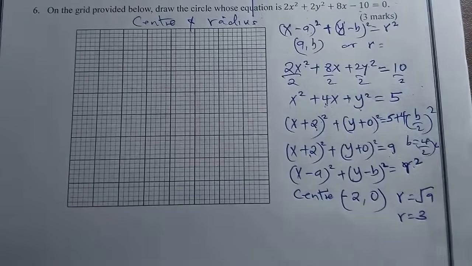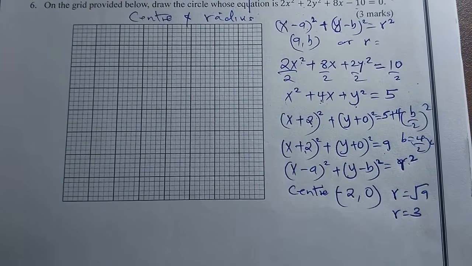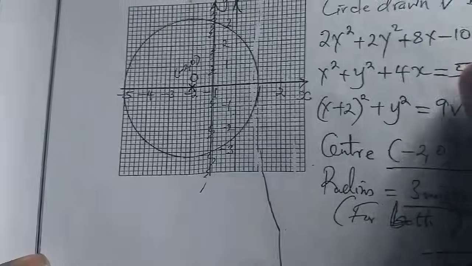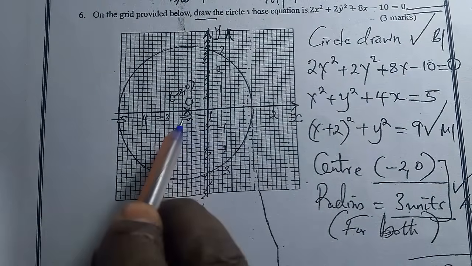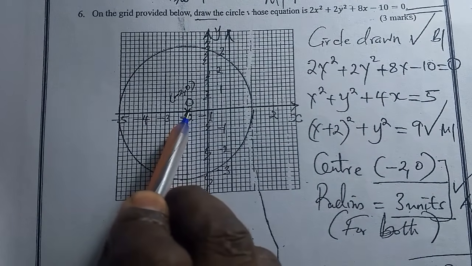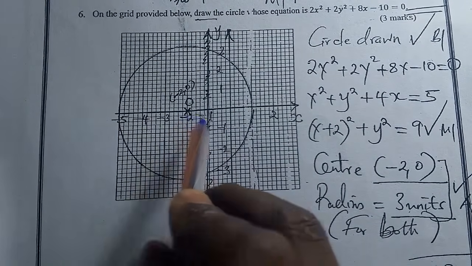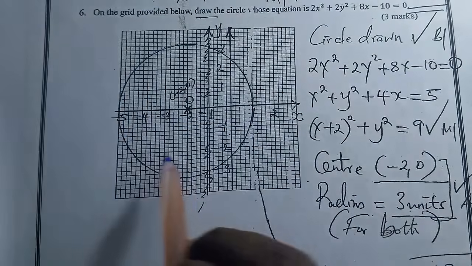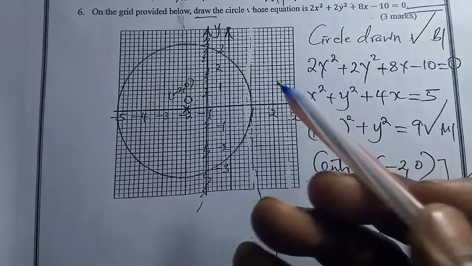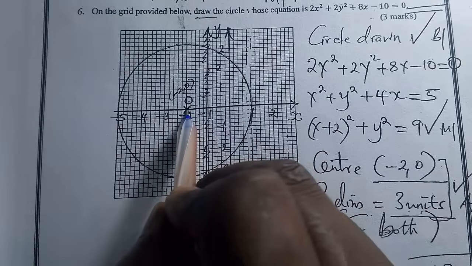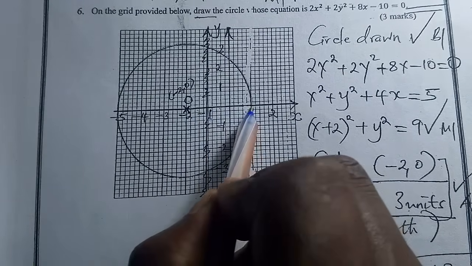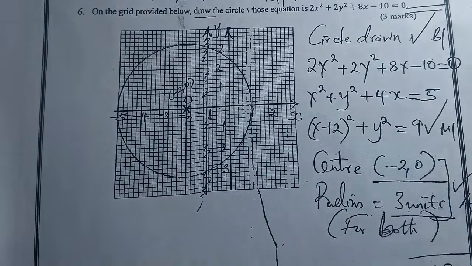Now we have the center, -2, 0. Then you take your pair of compasses, radius is 3, you measure 3 units, and then you draw. You stand at the center, you open 3 units, 1, 2, 3, that is our radius, then draw the circle, and you are done.